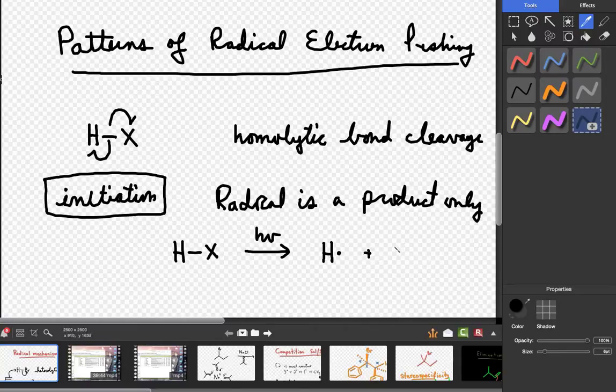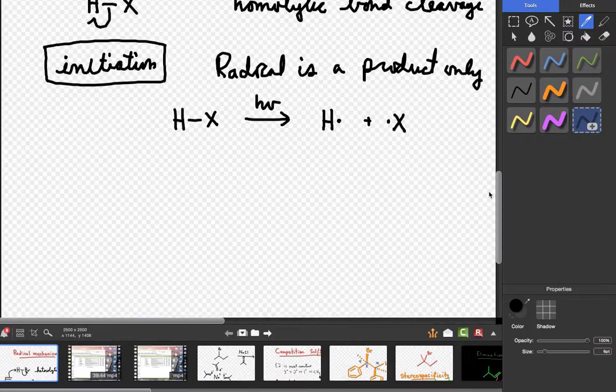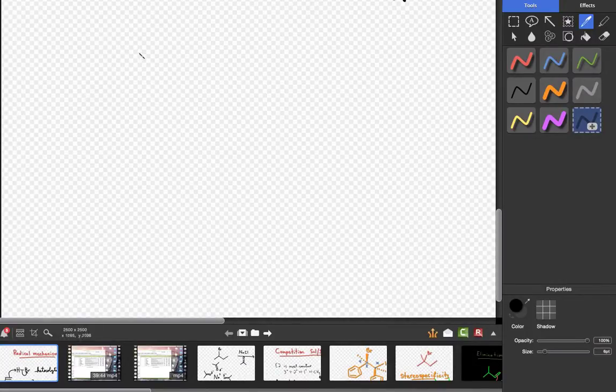This is what makes a mechanistic step in radical reactions an initiation step. A non-radical reactant produces radical products. There are also steps which are radicals as both reactants and products.